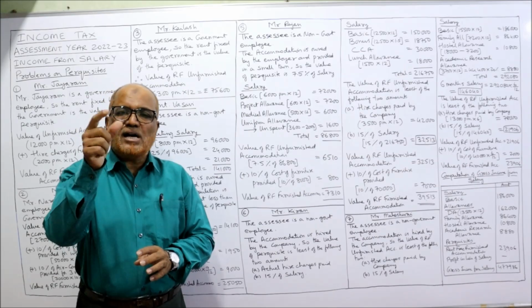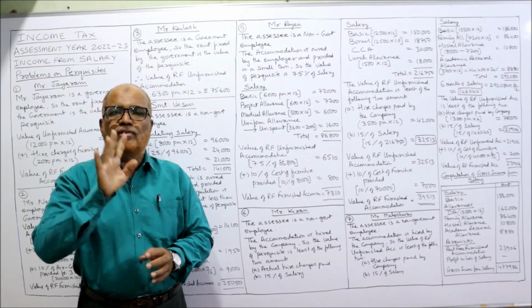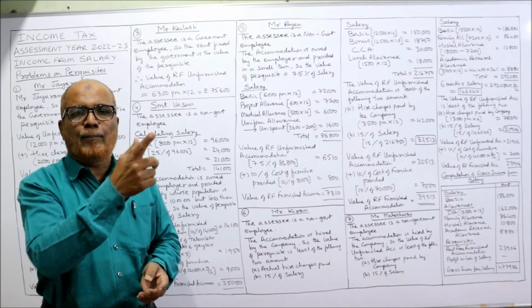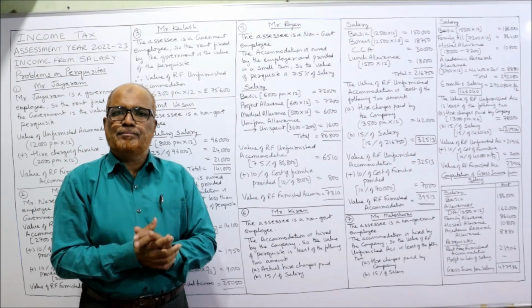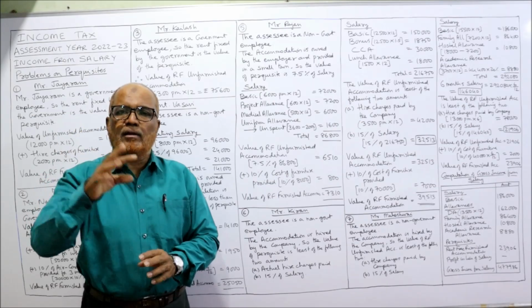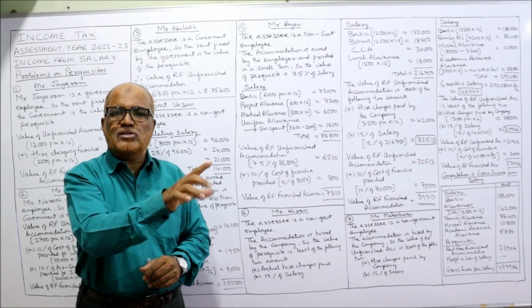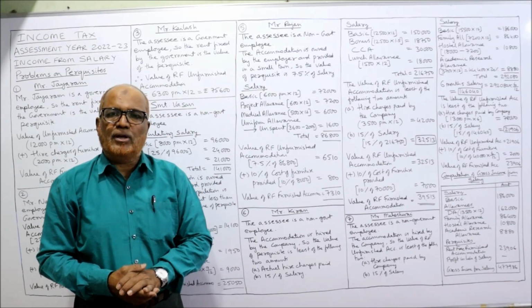If the accommodation is hired by the employer, the value of rent-free unfurnished accommodation is the least of the following two amounts: actual hire charges paid by the employer or 15% of salary, whichever is lower. That will be the value of unfurnished accommodation.